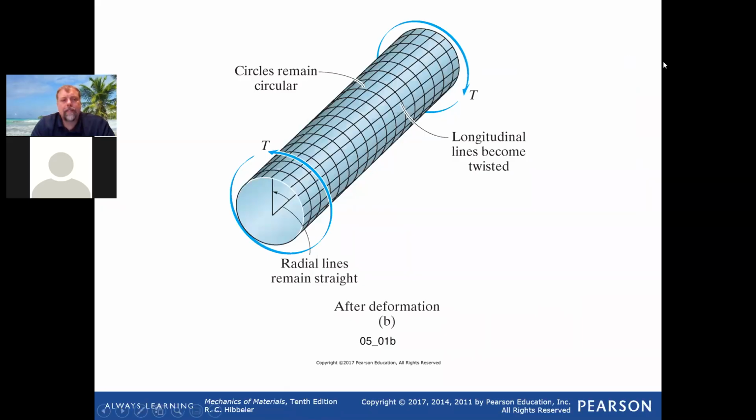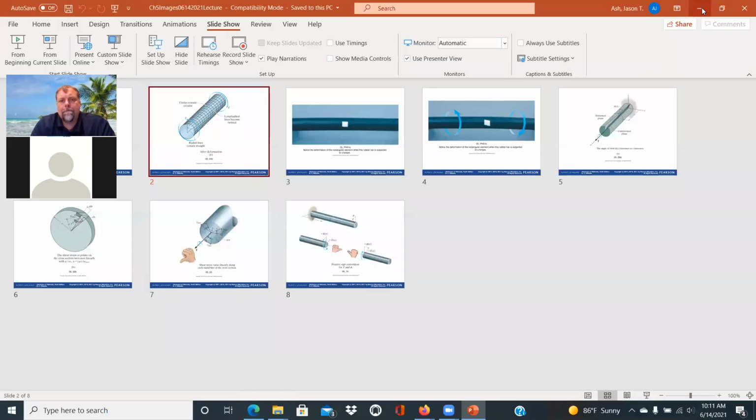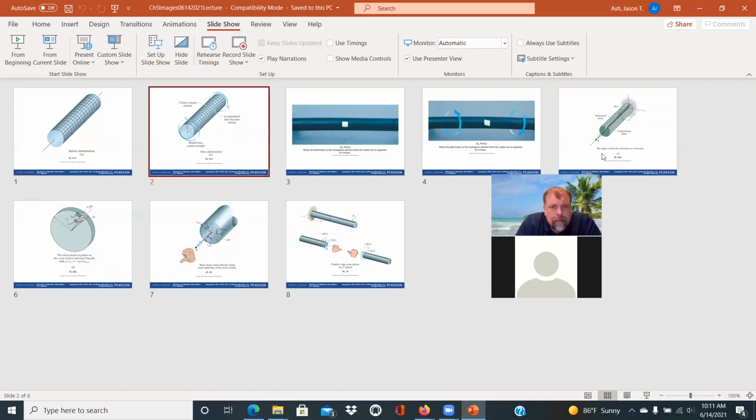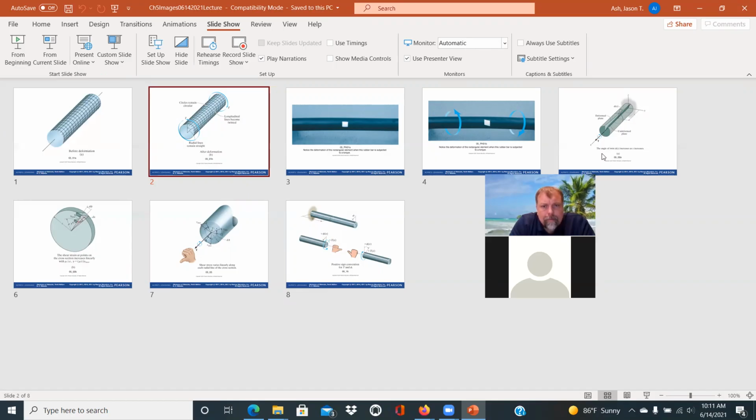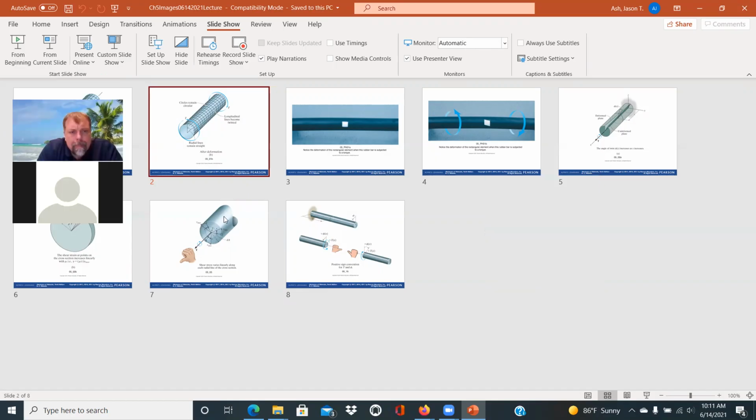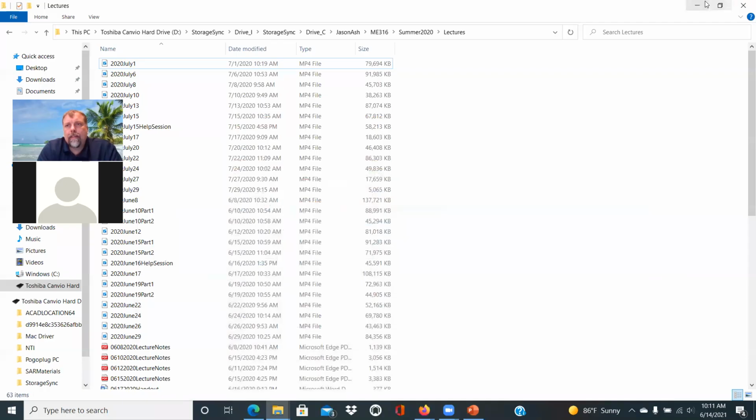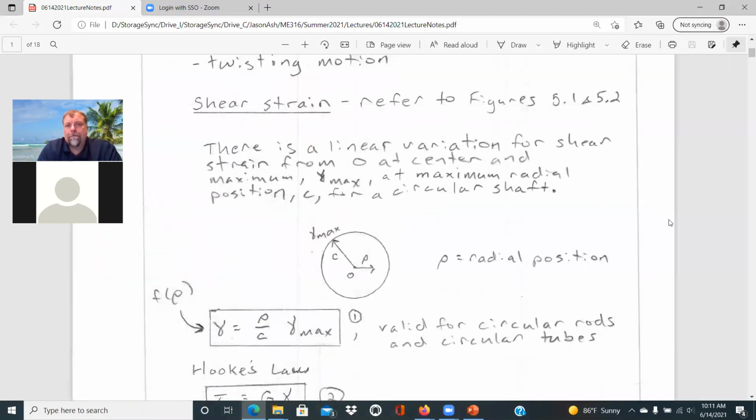I don't think I have the other pictures that I indicated there. And so those will be in your textbook.